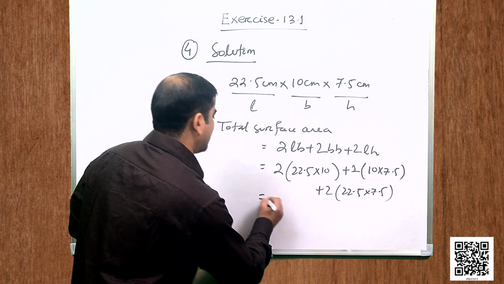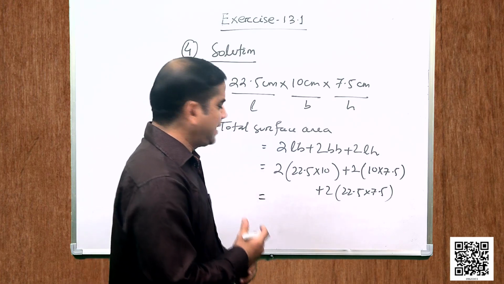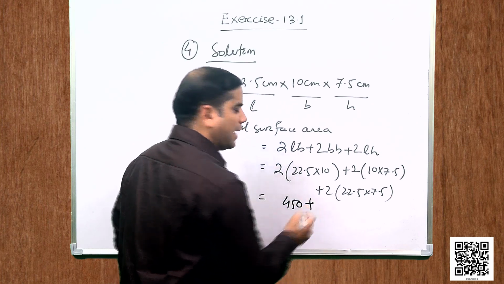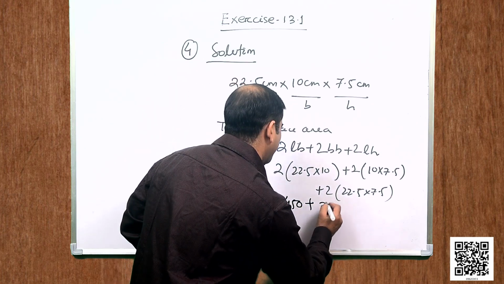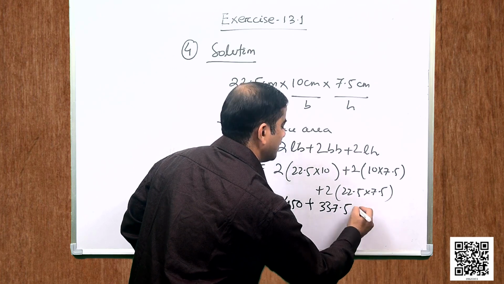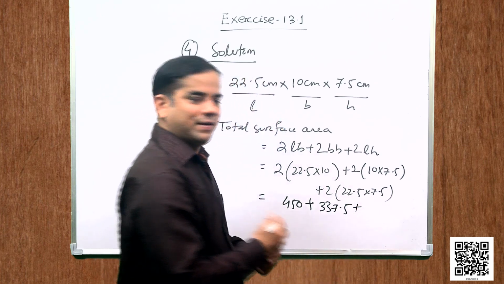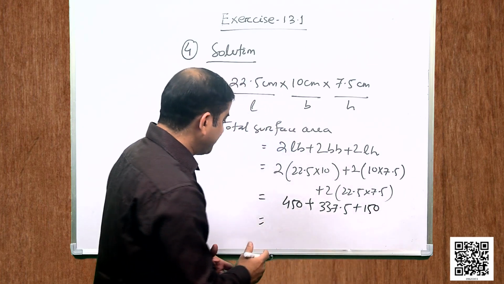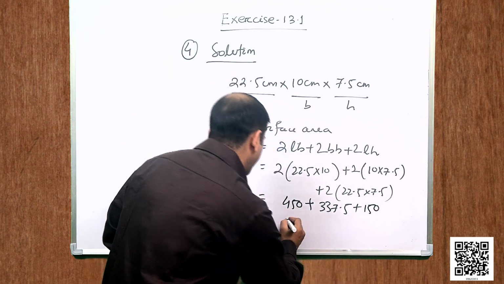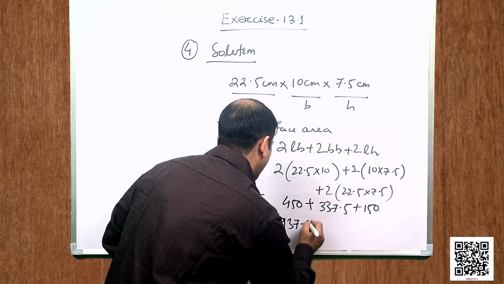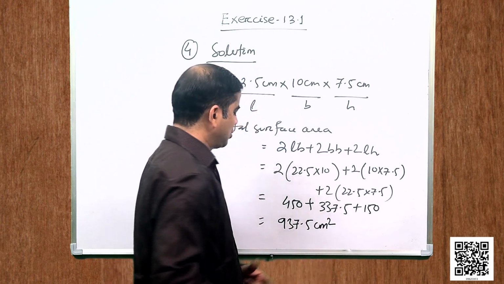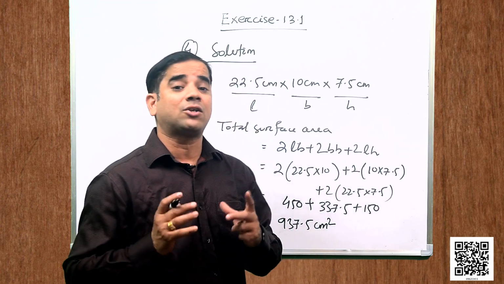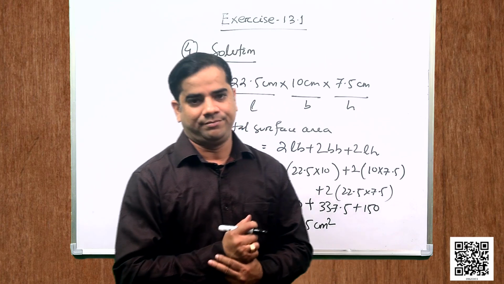After calculation you can find that this amounts to 450 plus 337.5 plus 150, which sums up to 937.5 centimeter square. So 937.5 centimeter square is the total surface area of each brick.